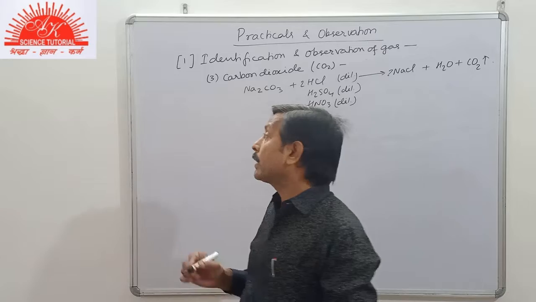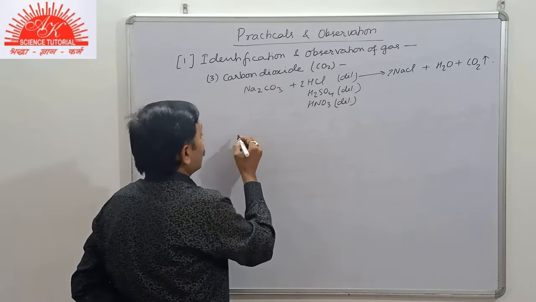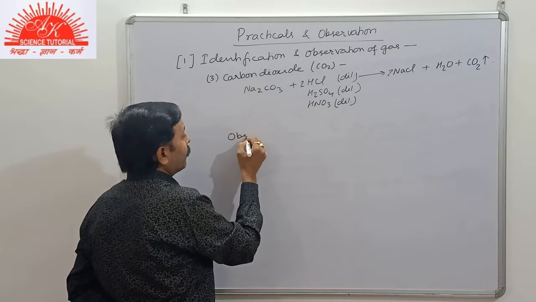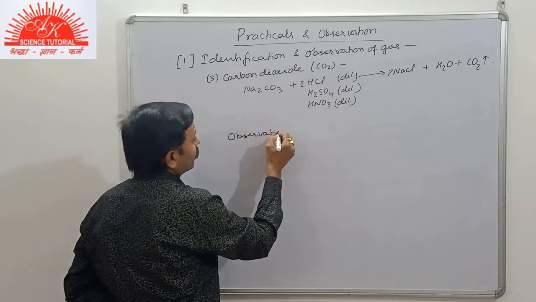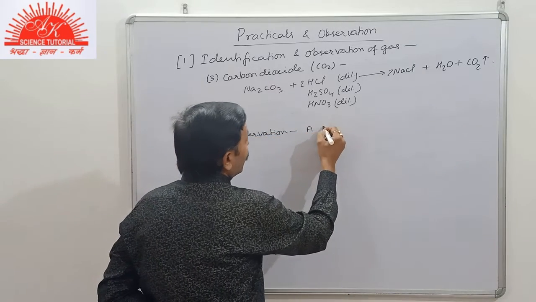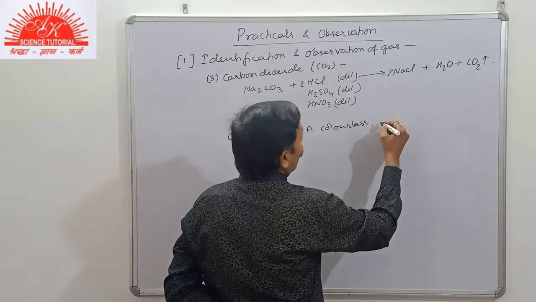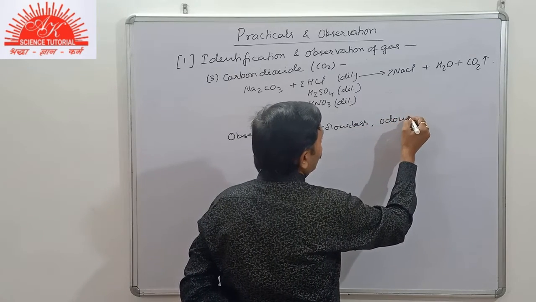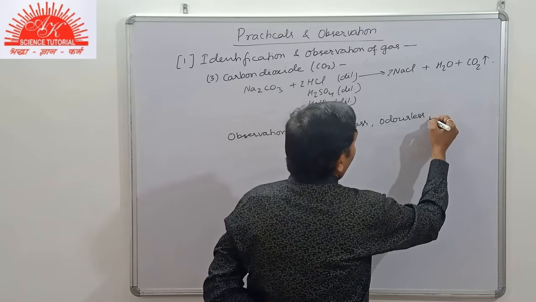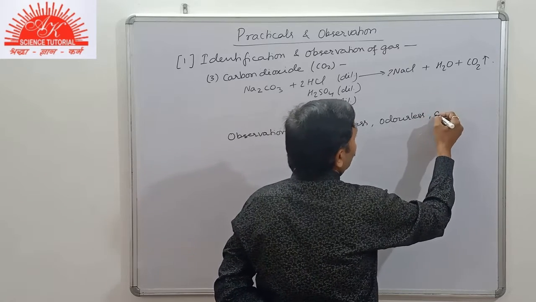Now what will you write in the observation in this case? Observation: a colorless, odorless, acidic gas.